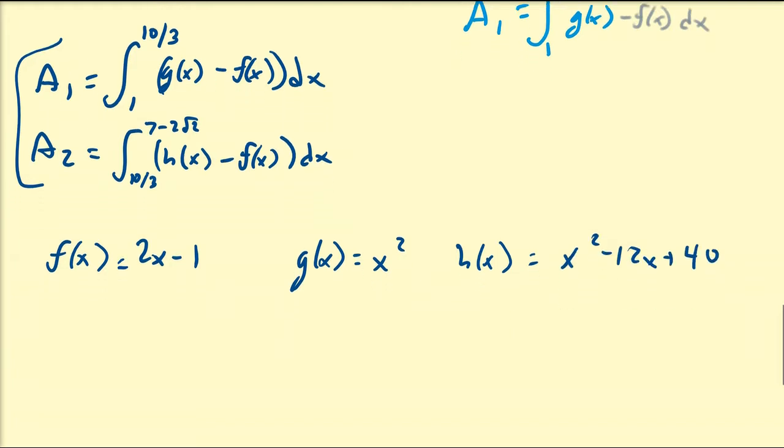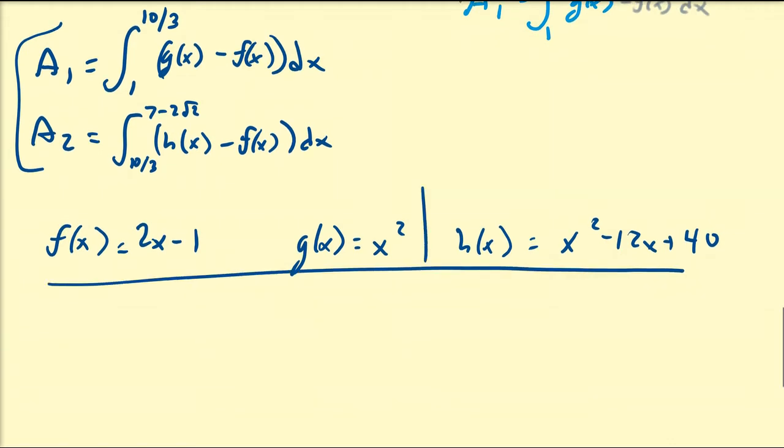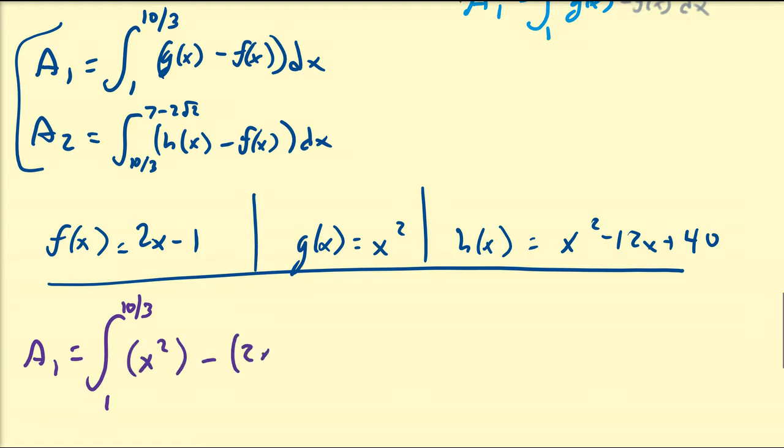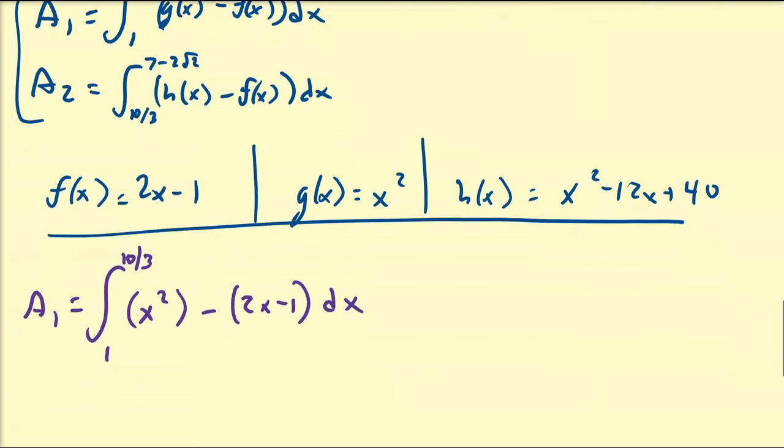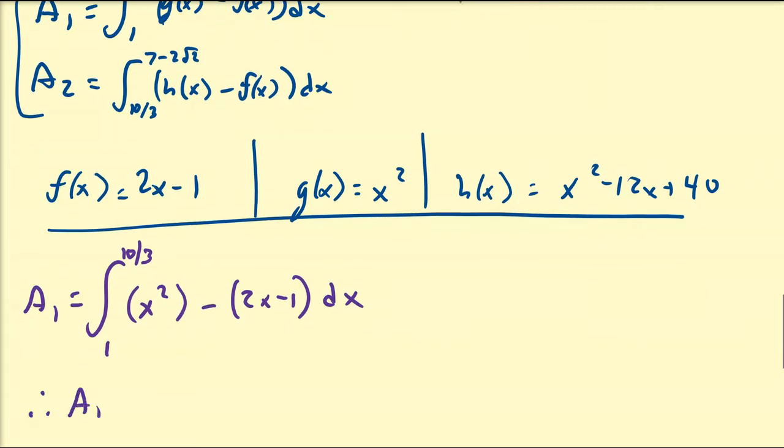Okay, cool. So once you have everything organized, and it's not unique how you do this, but whatever works, A1 is going to be equal to the integral from 1 to 10/3 of g of x minus f of x. That seems to be a very friendly integral, so that's going to be the integral from 1 to 10/3 of x squared minus 2x plus 1 dx.